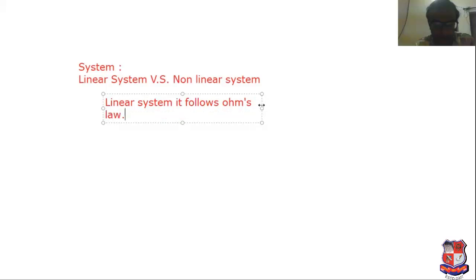Now, how to identify whether a system is linear or not? Apply step number 1. What is the input of the system? It is known as x of t. What is the output of the system? It is known as y of t.